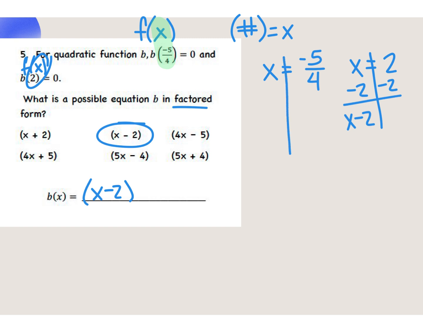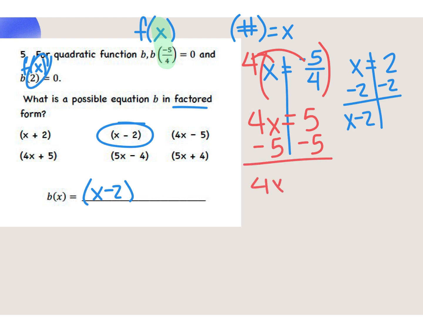And then we talked about if you have a fraction, right? Fractions mean divide. So we're dividing by 4, and the opposite is to multiply by 4. So 4x equals, if I do 4 times 5 over 4, I just get 5. You can do that in your calculator. And again, we need to move the 5 on the same side with the x. It's a positive, so we're going to subtract it.